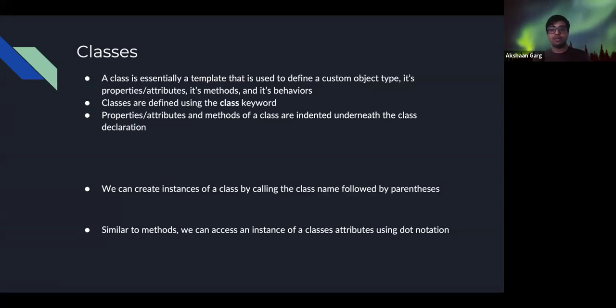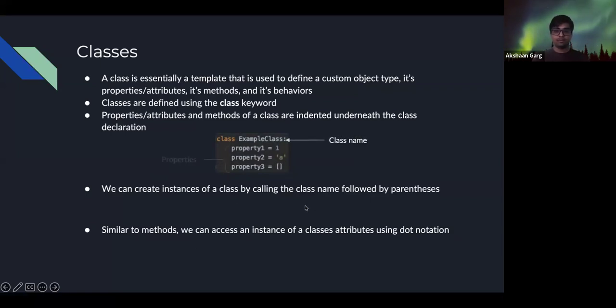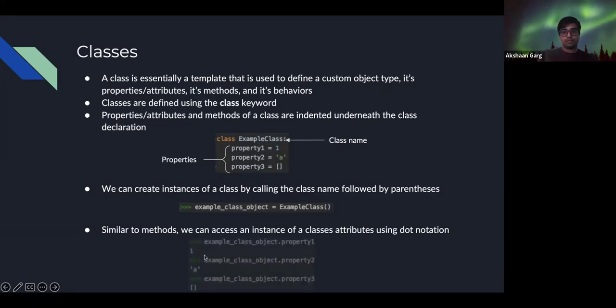Properties or attributes and methods of a class are indented underneath the class declaration, right? We can create instances of a class by calling the class name followed by parentheses. Similar to methods, we can access an instance of class using dot notation, right? So that we can get their attributes using the dot notation.